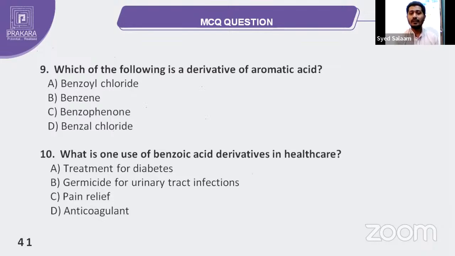Then how they are prepared, and what are the various chemical reactions that they usually undergo? What are the important derivatives of these benzoic acids, and what uses do these benzoic acids have? So these are the various things which we have discussed today in our webinar.